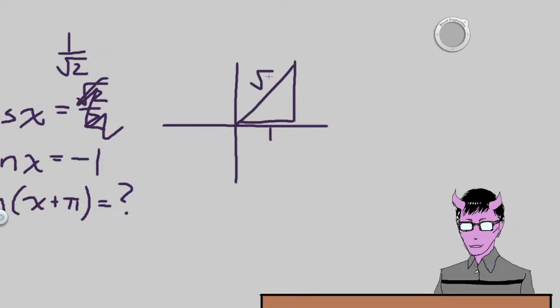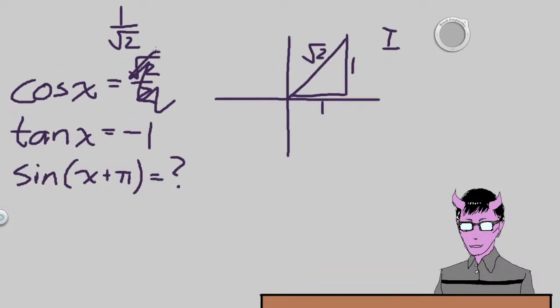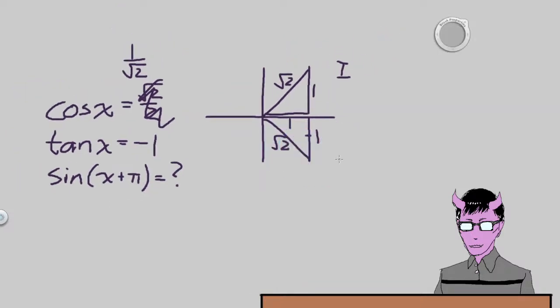So positive 1, root 2, positive 1 opposite in quadrant 1. Or we can have the reference triangle here, with a positive 1 adjacent, a negative 1 opposite, and then a root 2 for the hypotenuse. So this is quadrant 4.